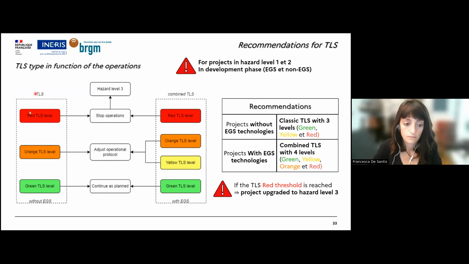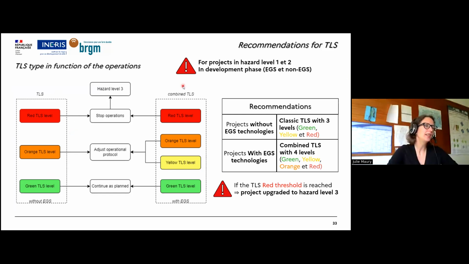And for projects with EGS technology, it's a combined TLS with 4 levels. So I will explain what that is. Just the last point is that if a red threshold is reached in the TLS, the project needs to be upgraded to hazard level 3 without any other quantification.